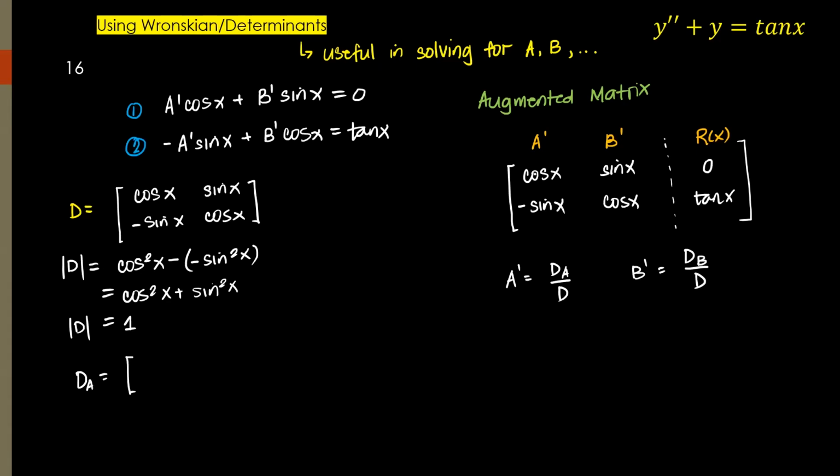dA actually, guys, is in place of the column A, you write the constant matrix or the R of X. So 0, tangent of X. But in place of B prime, it's still the same.